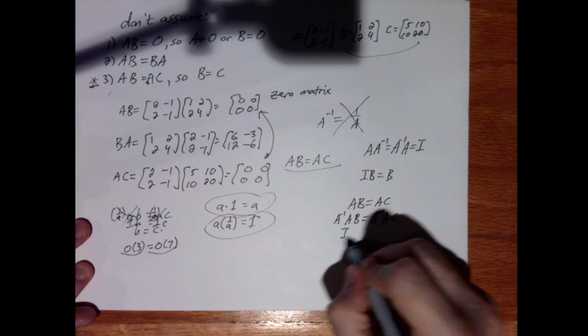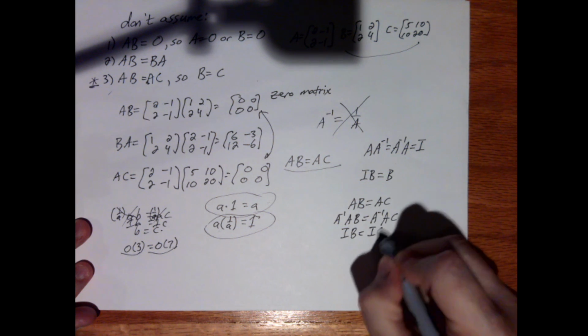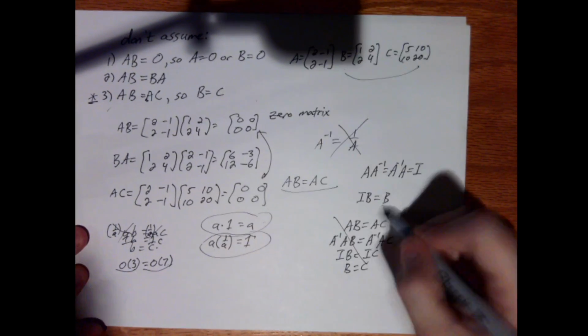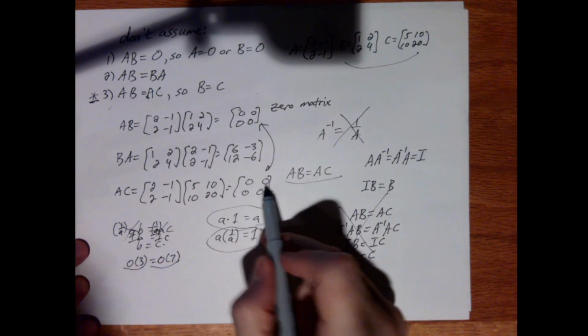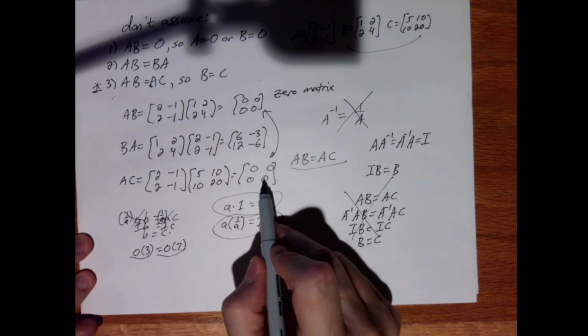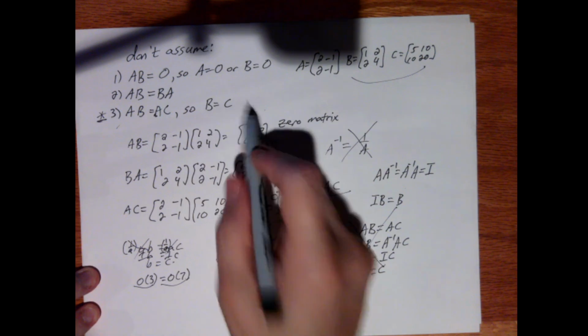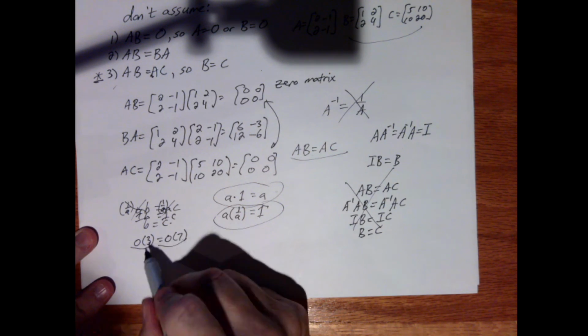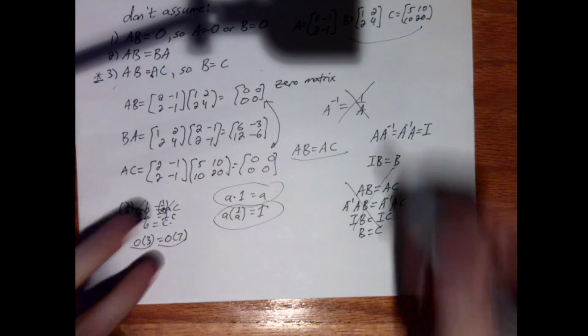This becomes identity matrix times B, identity matrix times C. I could do all that. But this A does not have an inverse, so I can't do any of this. That's the reason why, even though AB was 0 and AC was 0, we cannot conclude that B is equal to C, for the same reason that 0 times 3 is 0 and 0 times 7 is 0, but 3 does not equal 7. But we'll see how to find inverses later.